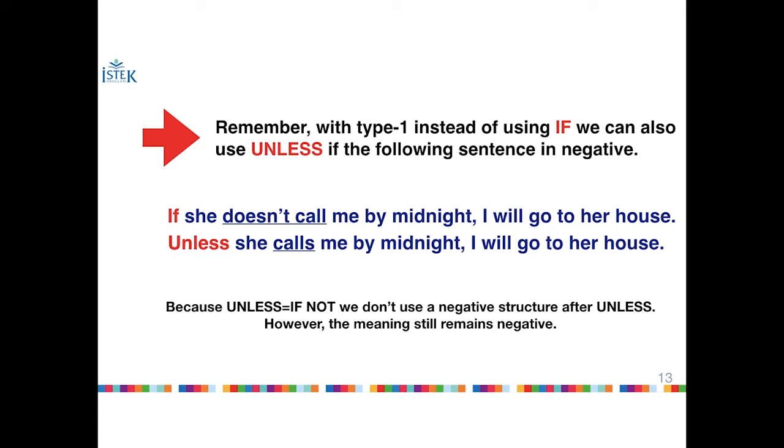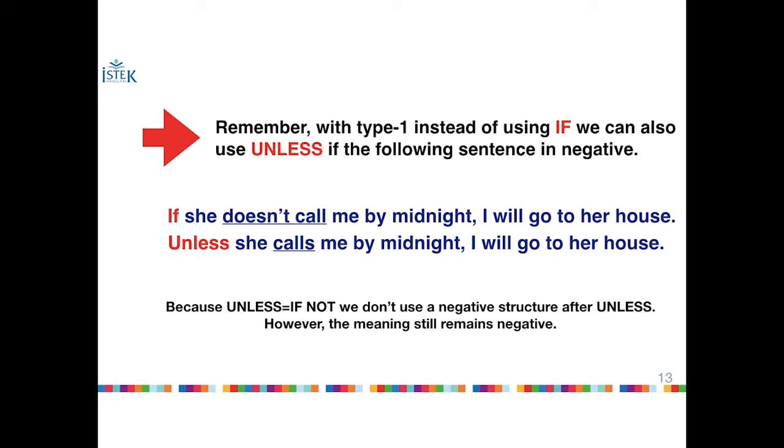Always remember, with type 1, instead of using if, we can also use unless, but only if the following sentence is in negative form. So let's take a look at the examples given below. If she doesn't call me by midnight, I will go to her house. Here, what makes our sentence negative is doesn't.